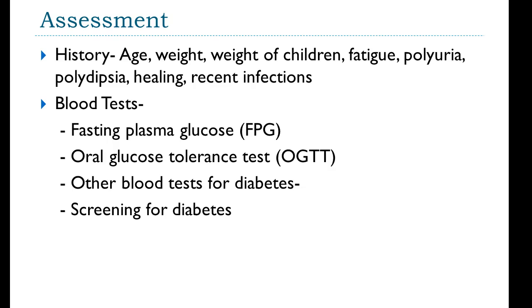Other blood tests that may be done, these are not as common or as popular that you might be familiar with, especially for type 1 diabetics, they can do islet cell antibodies, and that is an indicator for type 1. And remember, type 1 is an autoimmune disease with the presence of autoantibodies to proteins.